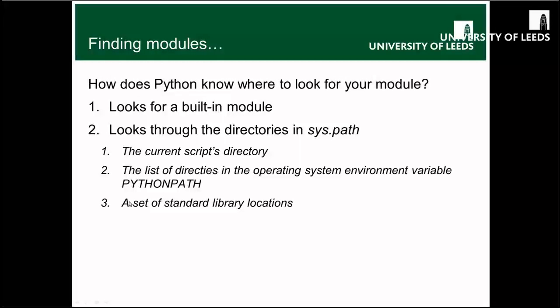And then it also looks for a set of the standard library locations. So it says, I know my Python is installed in this directory, and therefore I expect to see Python modules installed in these other directories relative to where my Python executable is actually installed.